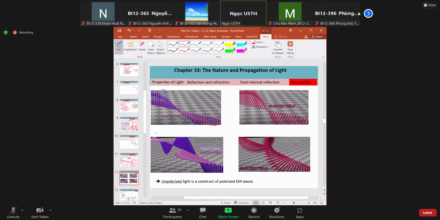So now if you have a single wave, I consider the first wave the blue one. Keep in mind that the electromagnetic wave has two components, electric field and also magnetic field. But for optics, we just care about the electric field component, and we can plot it like this.